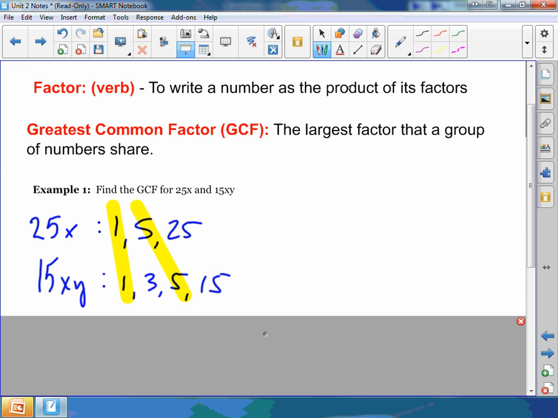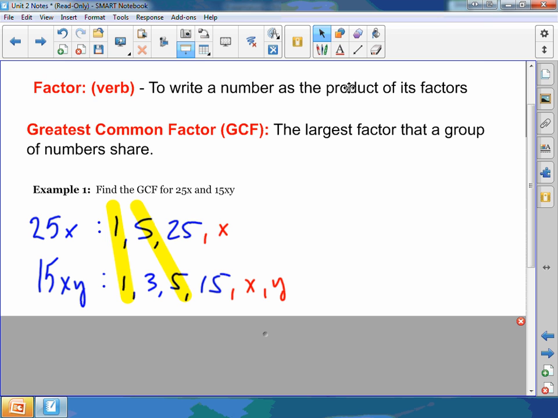But here's something that we haven't really looked into yet. This one also has a factor of x, whatever x is. This one has a factor of x and y, whatever they are. So not only are you looking for the GCF of the coefficient, you're looking for any variable that they share between them.